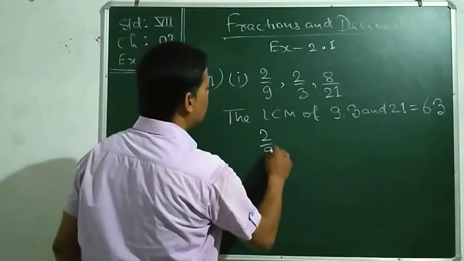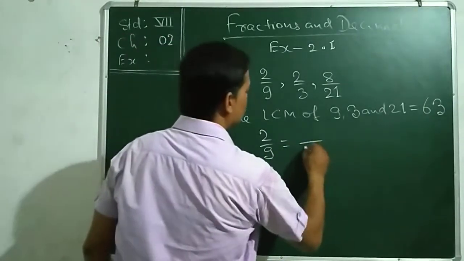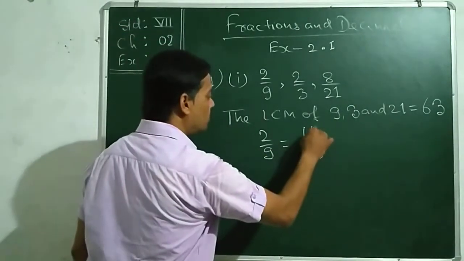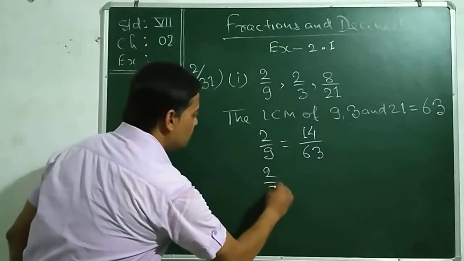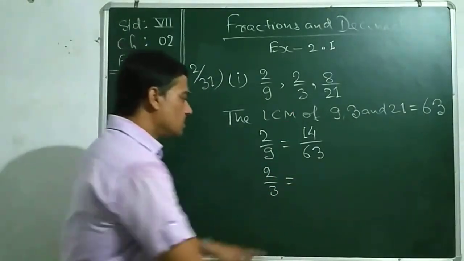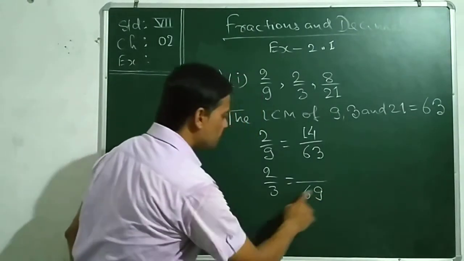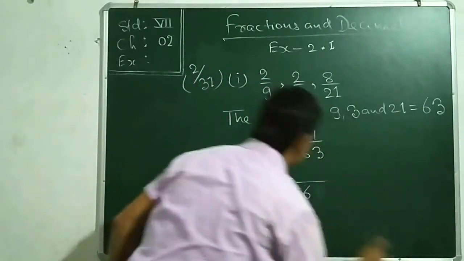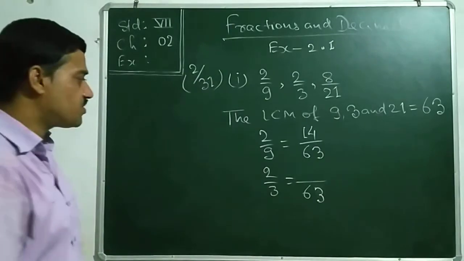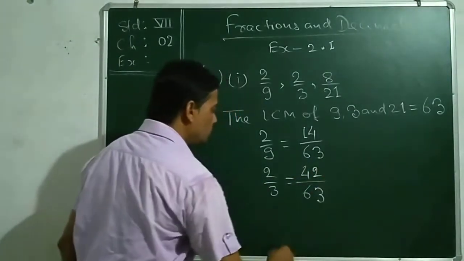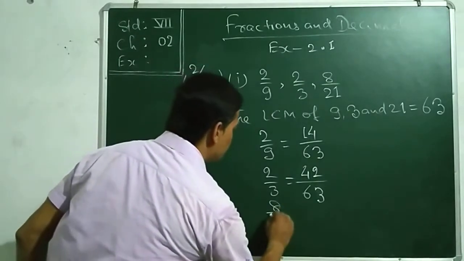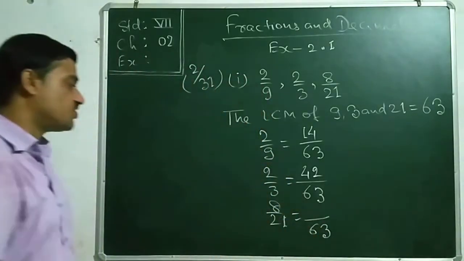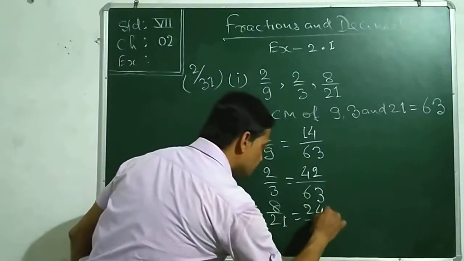That means 2 by 9 equal to 9 7s are 63, so 2 7s are 14. 2 by 3 equal to 3 21s are 63, so 2 21s are 42, and the last one, 8 by 21 equal to 21 3s are 63, therefore 8 3s are 24.